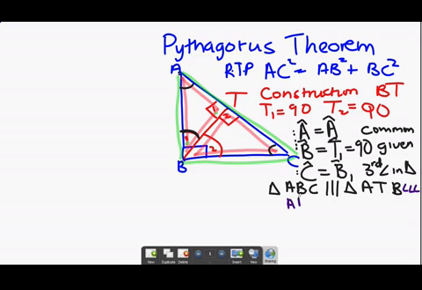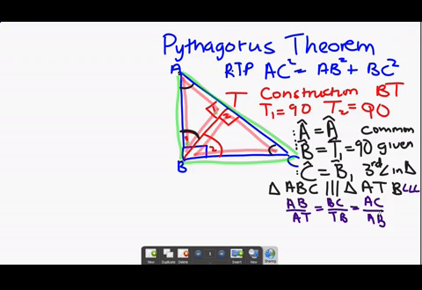Once we have written our reason, we can proceed to write the ratio. AB over AT is equal to BC over TB is equal to AC over AB. Now, looking at this ratio, I want a square to come out of it, and that square must not involve AC, because AC is the long side.